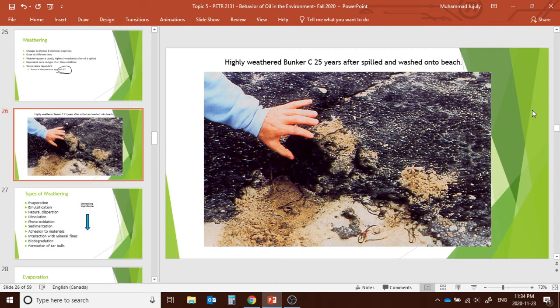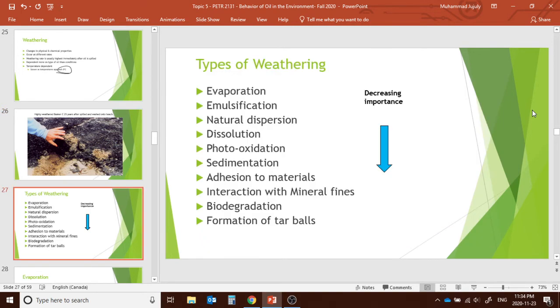Sometimes you can see, a year later, the oil spilled washes up on the beach like that. Now, the types of weathering depend on their importance. These would be the most important, and after that these are rare occurrences.